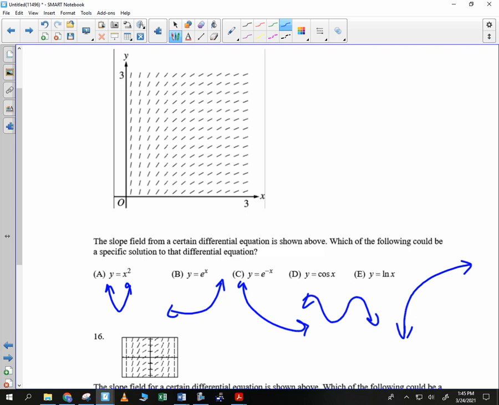Definitely the natural log one. If you were to start drawing a function and kind of follow the segments, it would bring you over towards that way, wouldn't they? So in fact, this matches with the natural log graph.